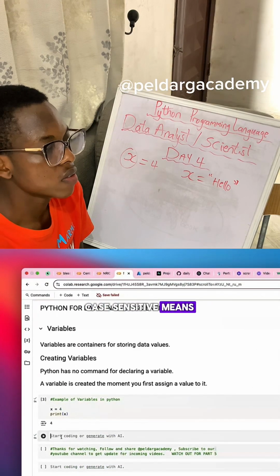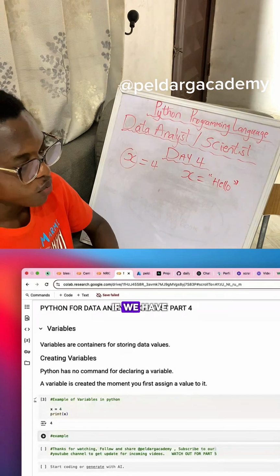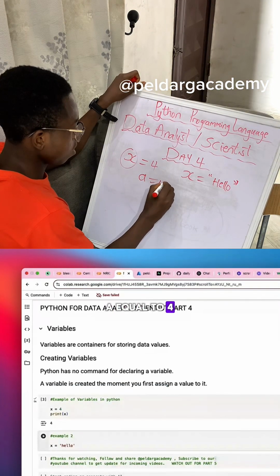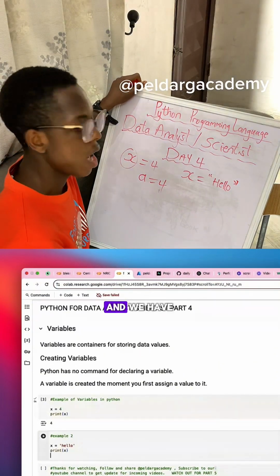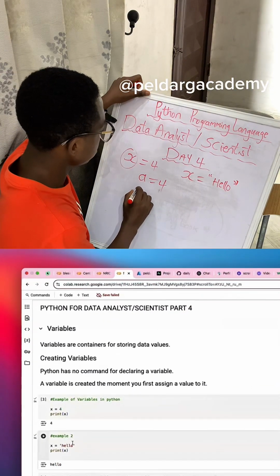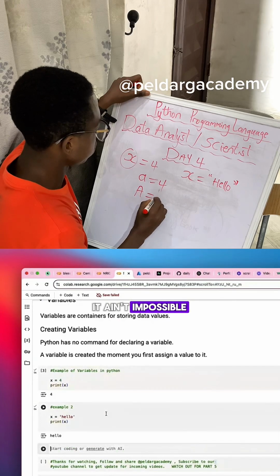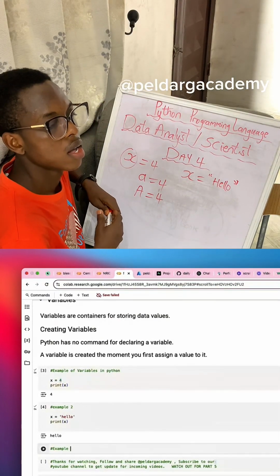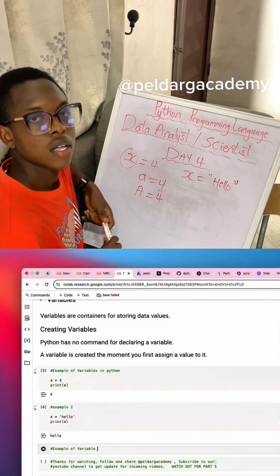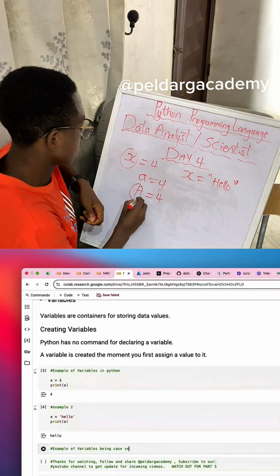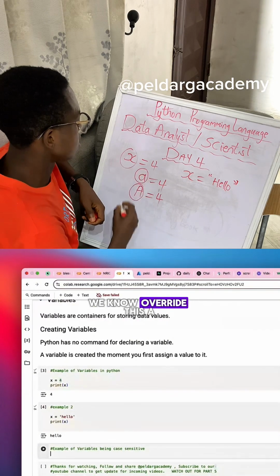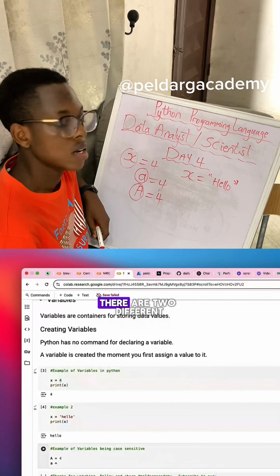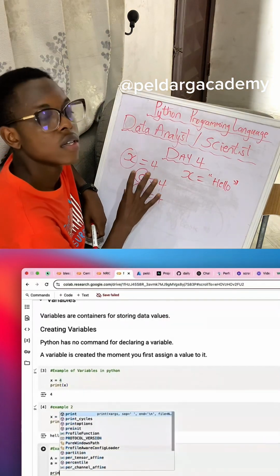Case sensitive means if we have a equal to 4 and we have A equal to 4, this a will not override this A. They are two different variables.